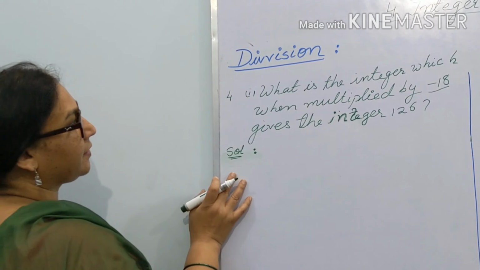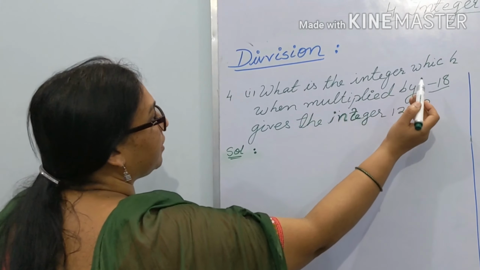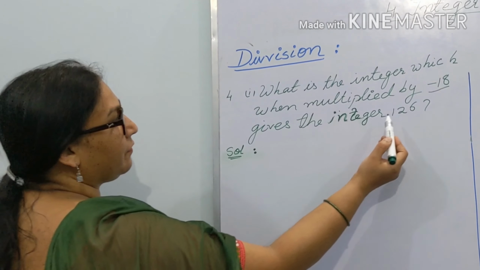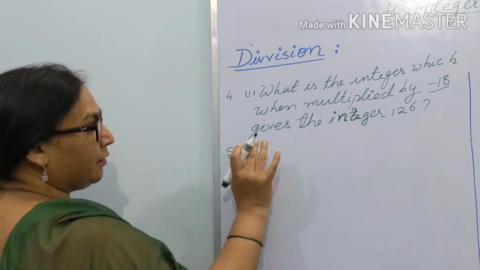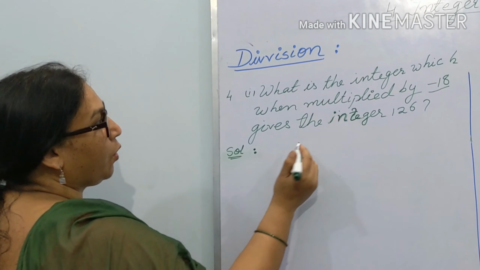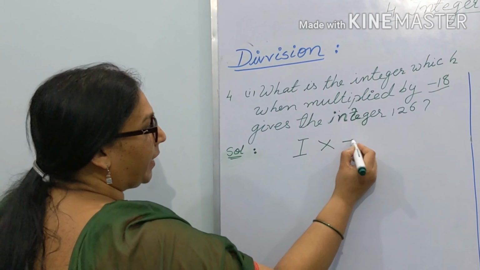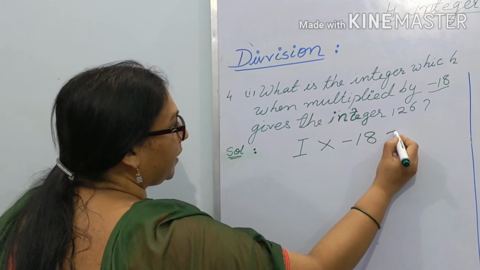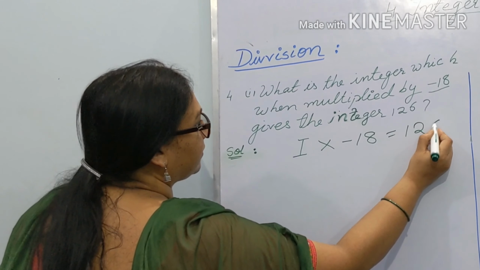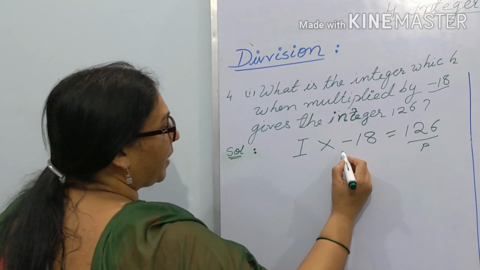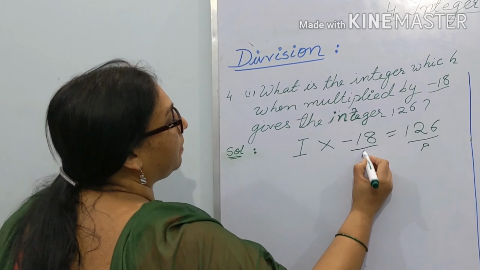Let us try to understand what is the integer which when multiplied by minus 18 gives the integer 126. It means 126 is the product and minus 18 is one multiplier.